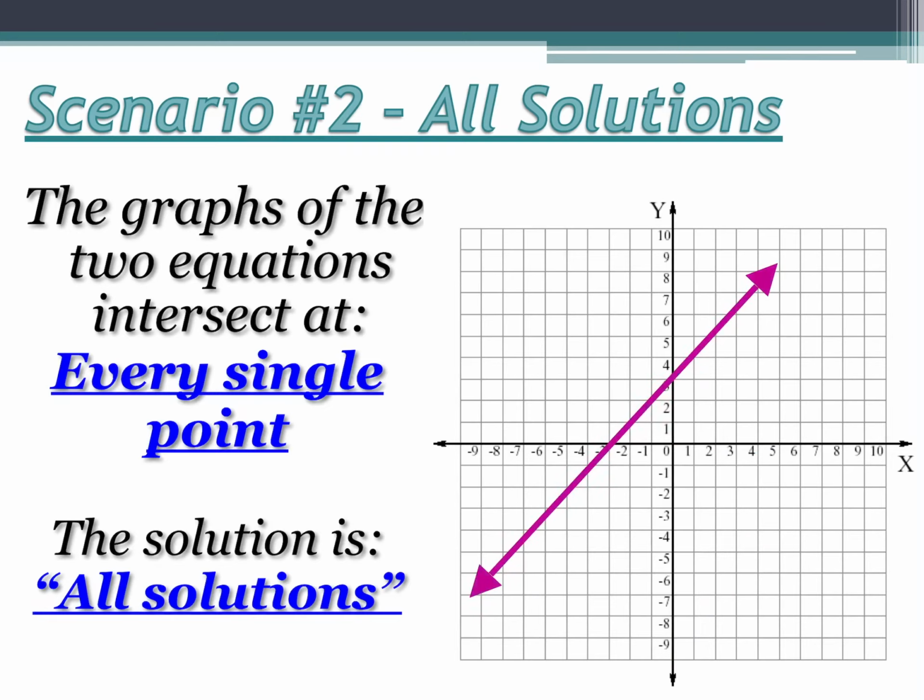I see that they represent the same exact line. Two lines on top of each other are going to intersect at every single point on the line. So that means we have an infinite number of ordered pairs that satisfy both of those equations in the system. The solution to a scenario like that is all solutions.